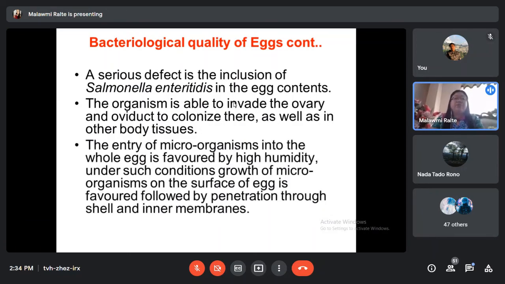So the entry of microorganisms into the whole egg is favored by high humidity. Under such conditions, growth of microorganisms on the surface of the egg is favored, followed by penetration through the shell and the inner membrane.